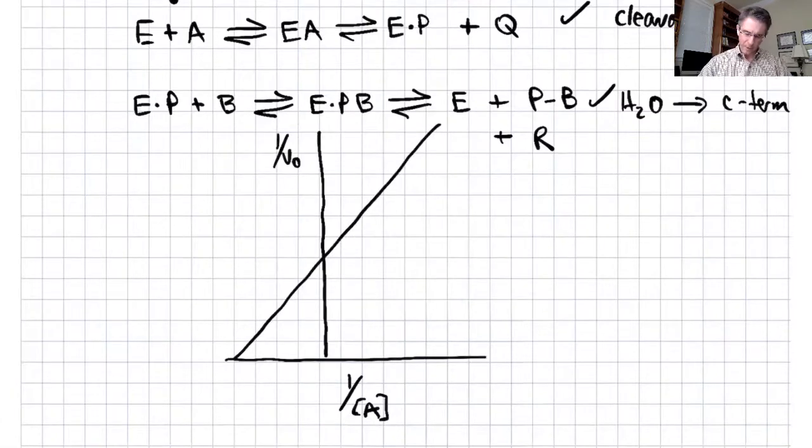But now the cool thing is, if you actually do have a double displacement mechanism, when you change the B concentration, these curves shift in a characteristic way.